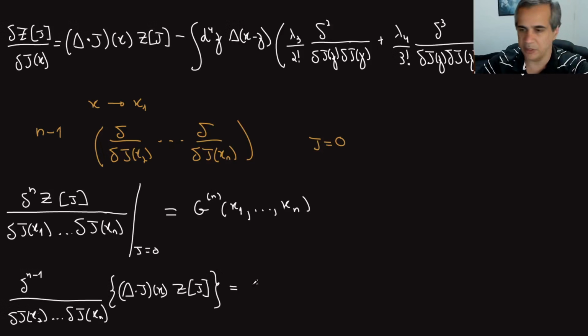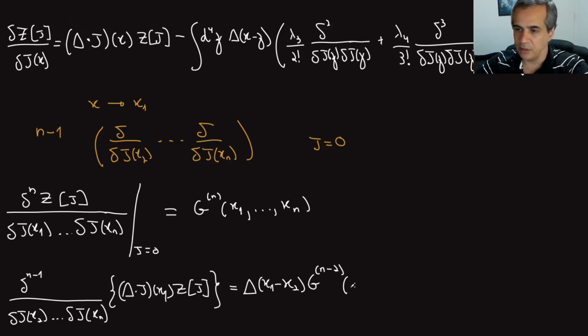So the propagator here, remember the x that was here I now called x1, so I'll get a propagator from x1 to x2. And then all the other derivatives are acting on z. That will be a g n minus 2, because I already had n minus 1 and used one of the derivatives here, of x3 all the way to xn.